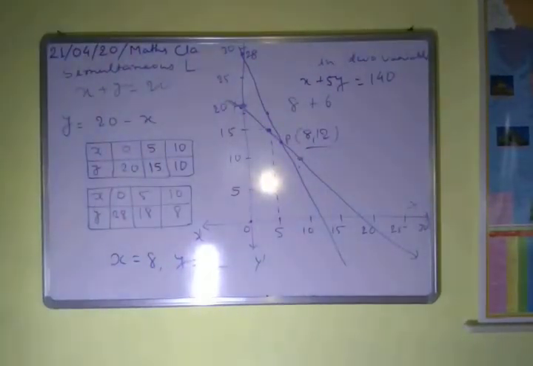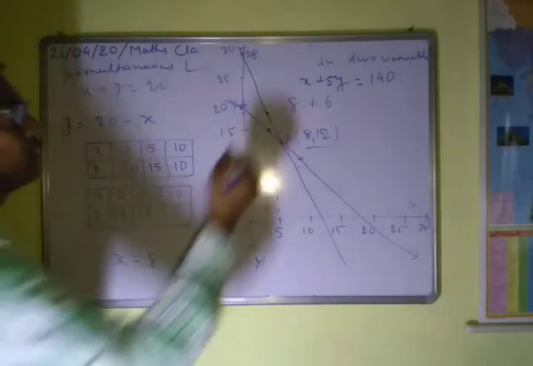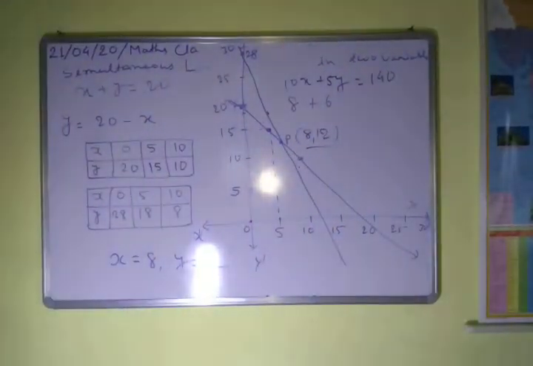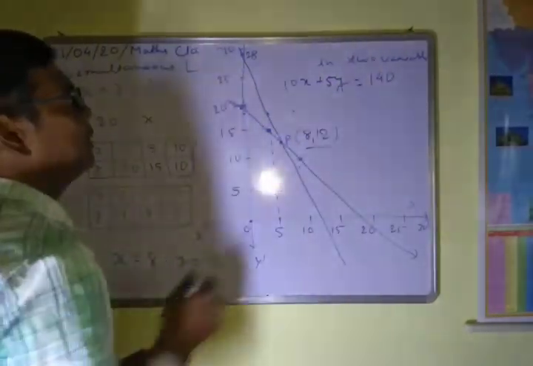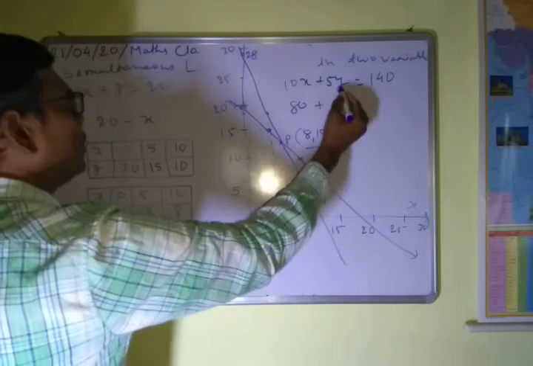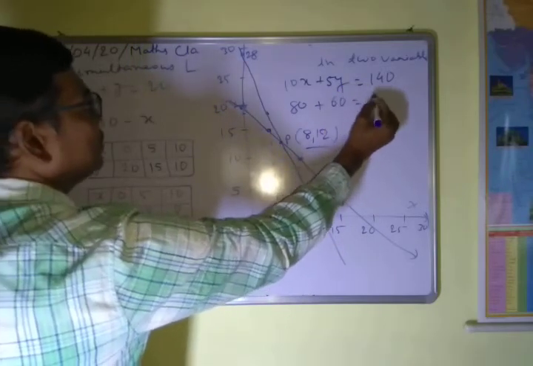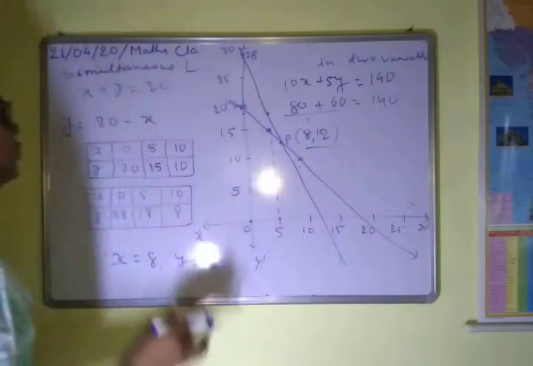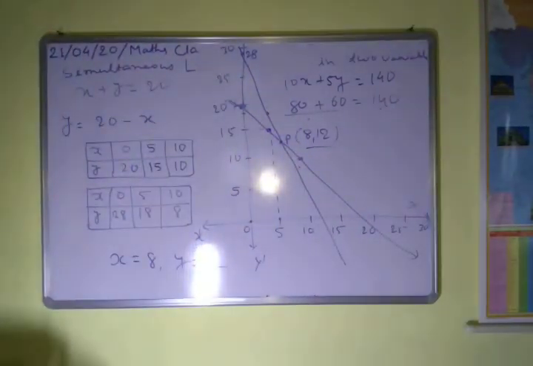Actually, it is not 10x plus, it is 10x plus 5y. So in this case, 10 times 8 is 80, plus 12 by 60. Now you can see that this is 140, and this is 140 here also. So both values satisfy the equations.